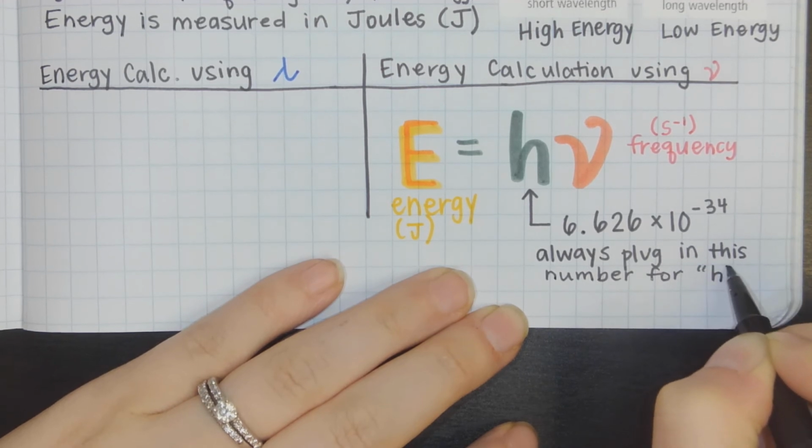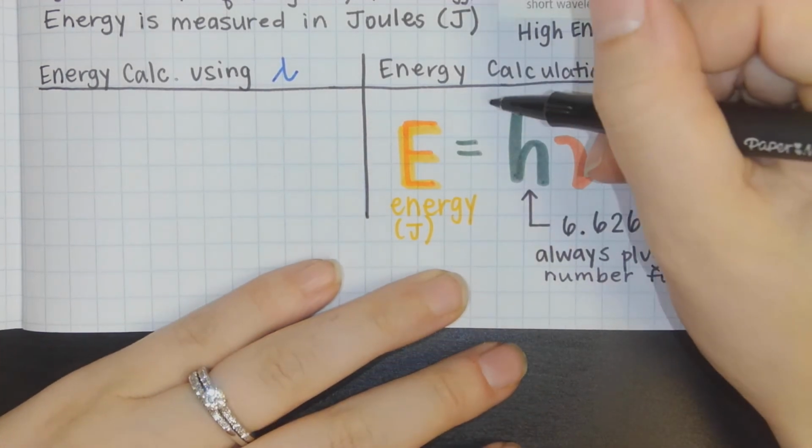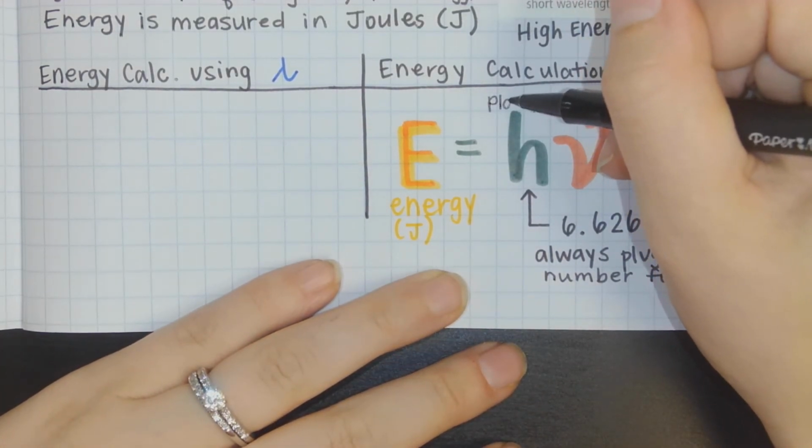Always plug in this number for h. It is called Planck's constant.